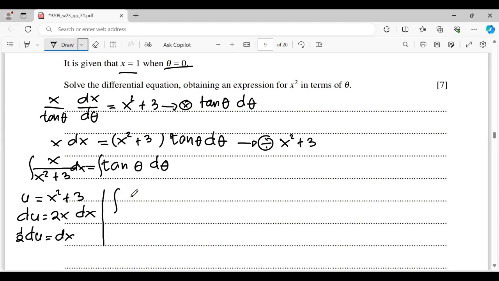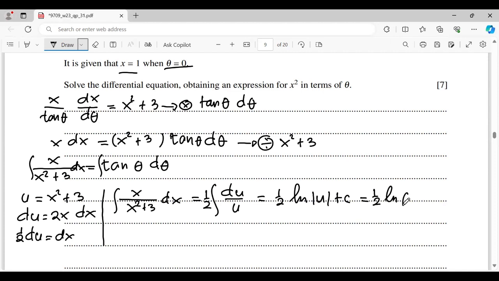So the integral of x over x squared plus 3 dx is the integral of half du over u, which equals half ln u plus c, or half ln of x squared plus 3 plus c.